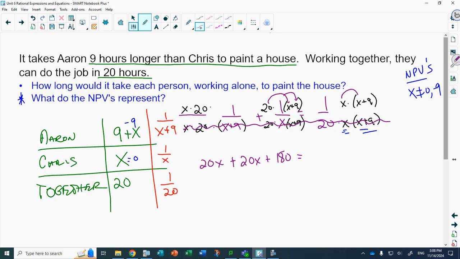Distribute again. Here to here, we got x squared plus 9x. Look how beautiful that is. All we have to do is combine some like terms. 20x and 20x works out to be 40x plus 180 equals x squared plus 9x. I really like the fact that we keep this x squared positive.